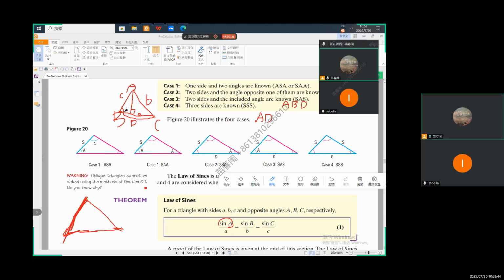So sine B equals AD over C. AD is here, and then sine C, and C is here, and equals.